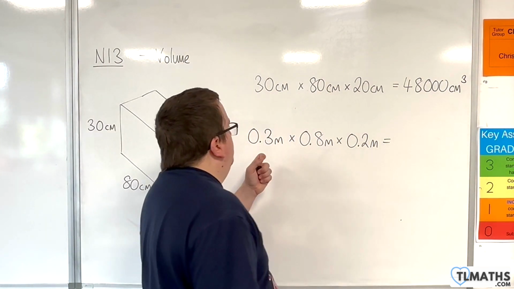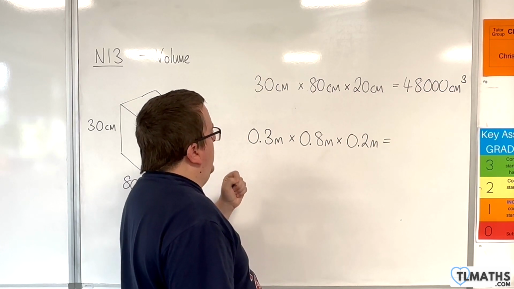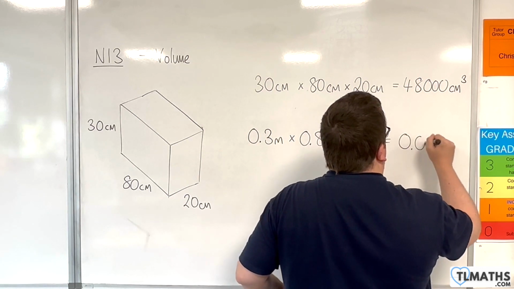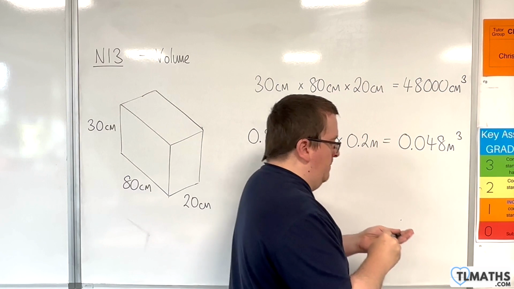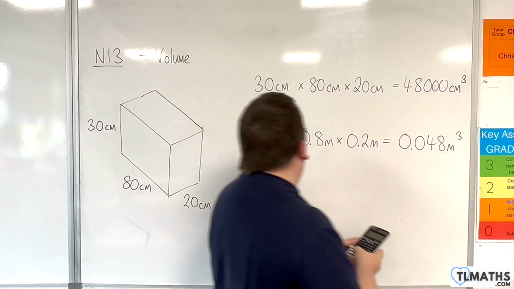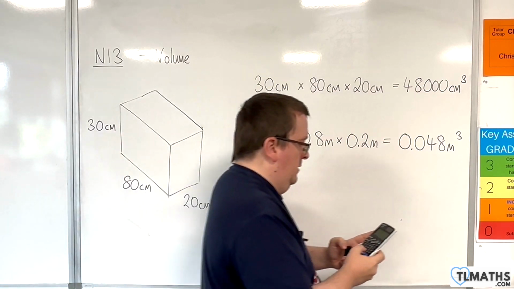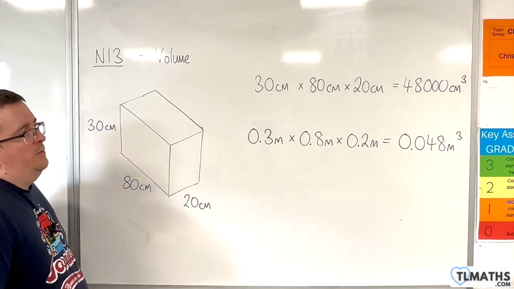Now, we would get our 48, but it would be 0.048 cubic metres. Let's just double check that. 0.3 times 0.8 times 0.2. Yes, okay, so that's what it would be in cubic metres.